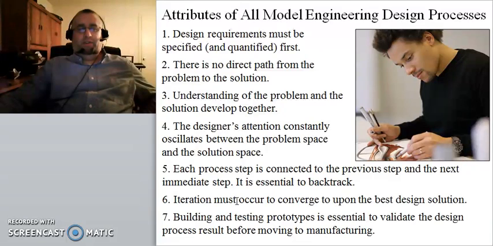So you are going to need to backtrack. You're going to come up with a solution that teaches you more about the problem than you knew before, and it might actually change the problem, causing that solution that you thought was so great to be discounted. So you're going to have to iterate through this process a number of times to converge to the best possible solution.